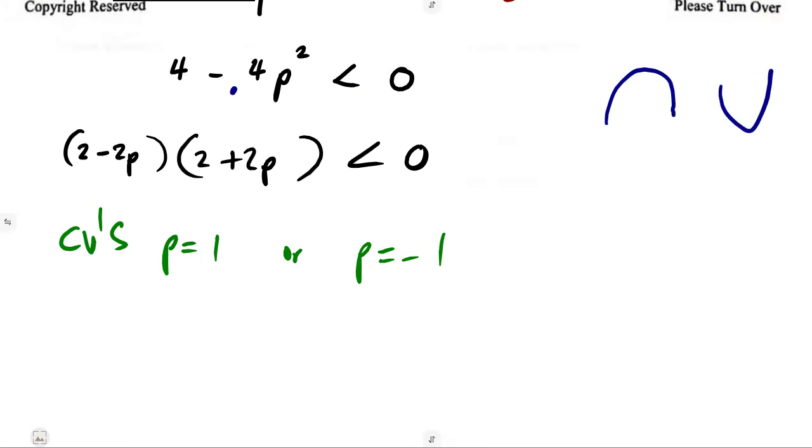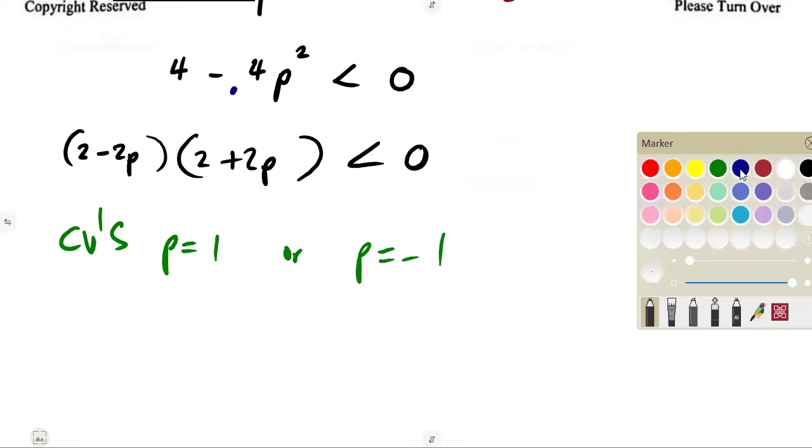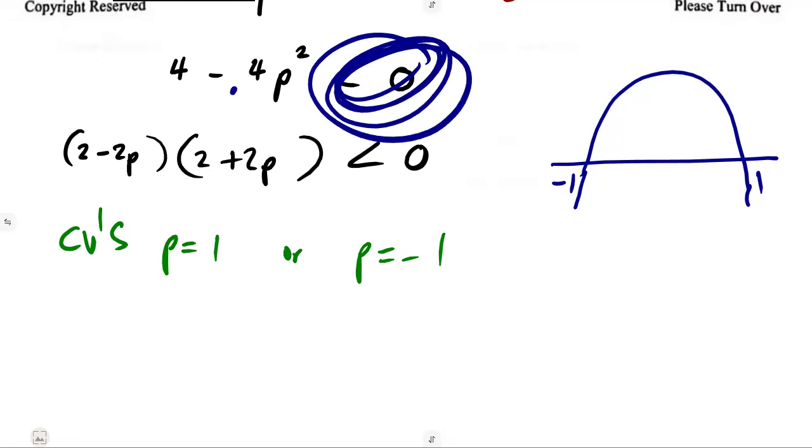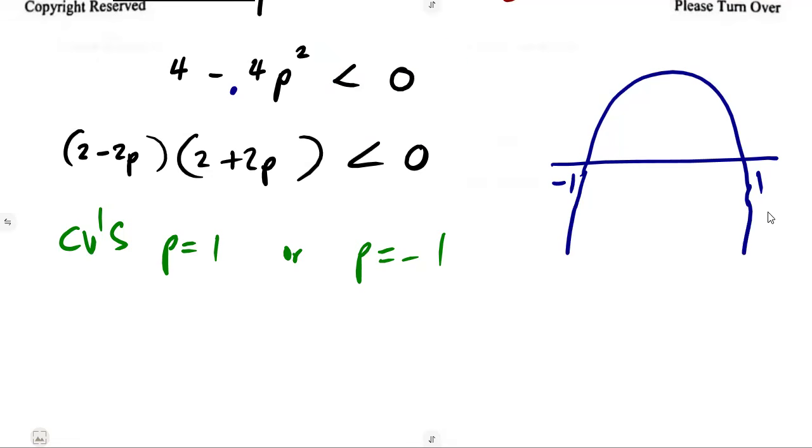If it is a positive, a smiley shape. So in this case, we are having a negative, so we are going to have a sad shape like this one, with negative 1 and positive 1. So which region are we talking about? That is less than 0. That is below the x-axis, if we are considering the x-axis, below that.